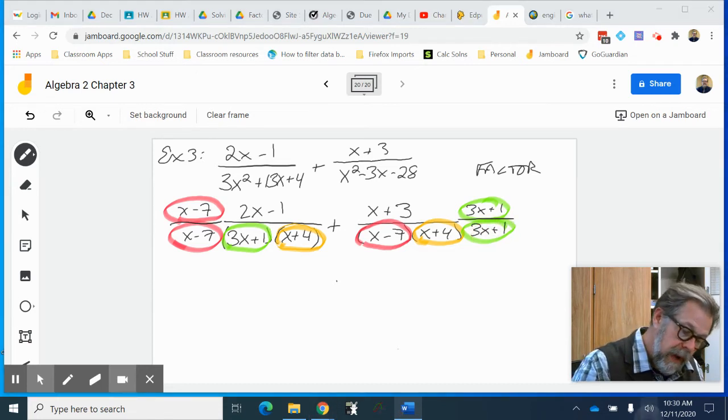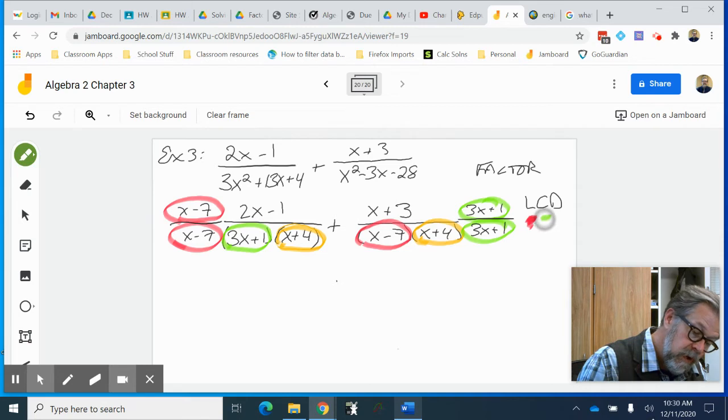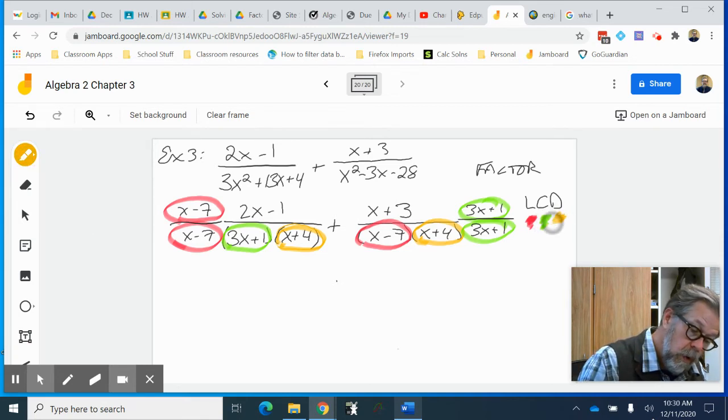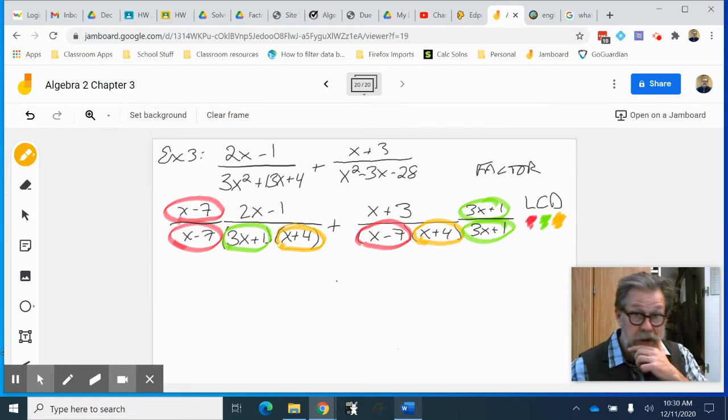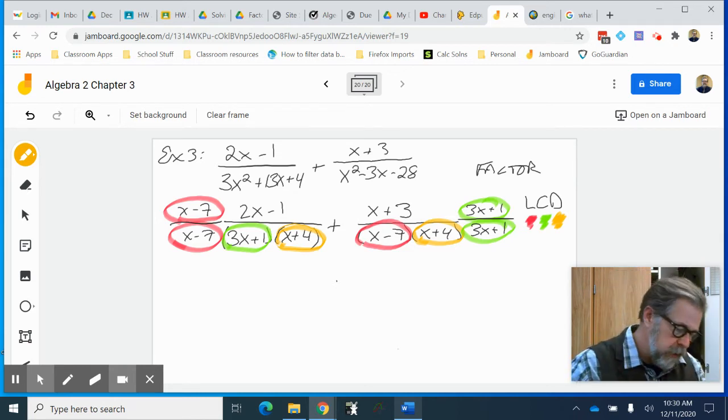Notice that my least common denominator is red, green, gold, and I've got red, green, gold in each. In fact, I encourage my students to color code these when they're first starting out to help them keep track.